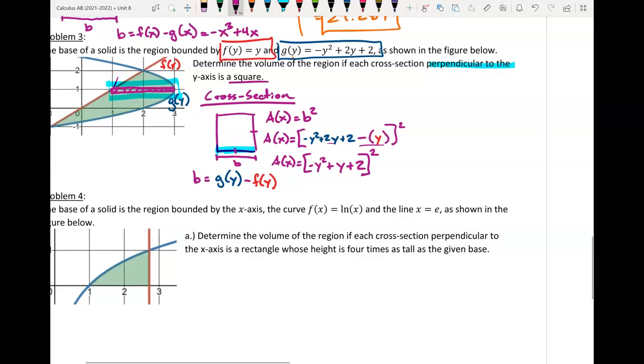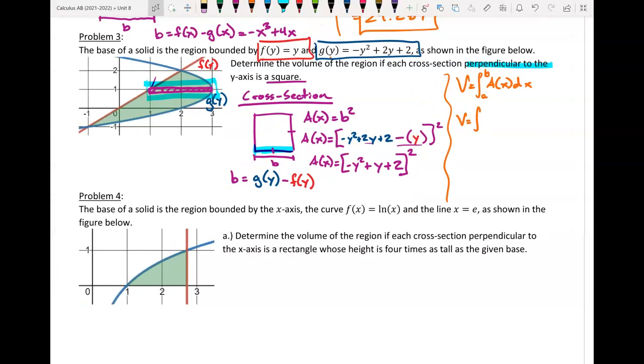All right, so let's go ahead and build my volume integral. The volume is the integral from a to b of the area of our cross-section dx. Remember we're in terms of y, so I go from the lesser number, going from -1 up to 2. So that is my bound, from -1 to 2.